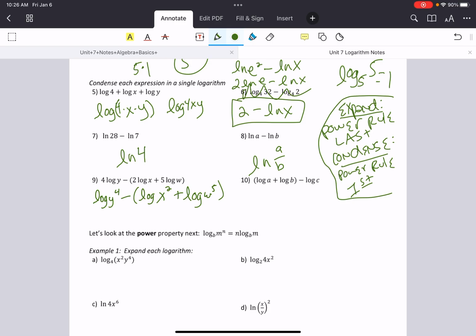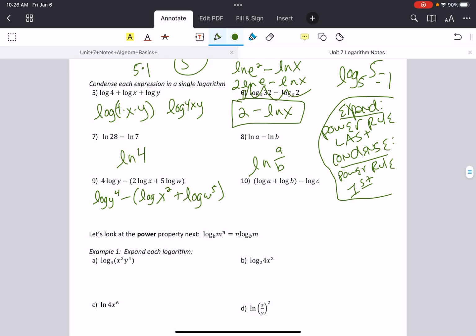Hey, are those parentheses implying the W is going to be in the denominator with the X or the numerator with the Y? Yeah, denominator. Good, Avery. Denominator. So log y to the 4th over x squared w to the 5th.